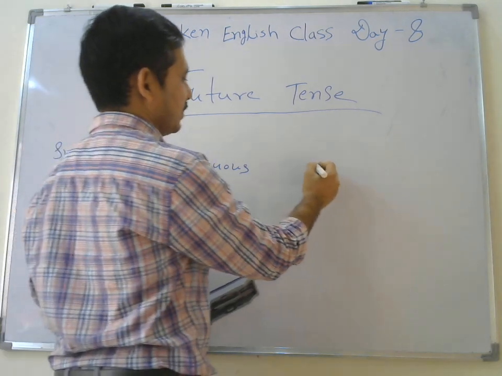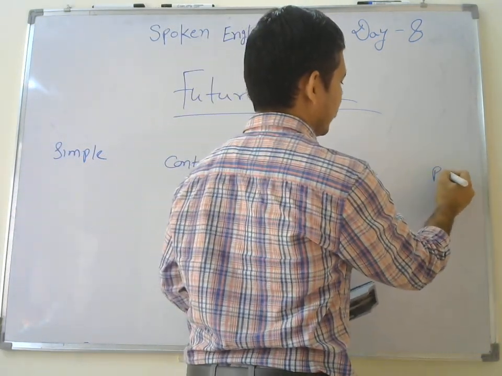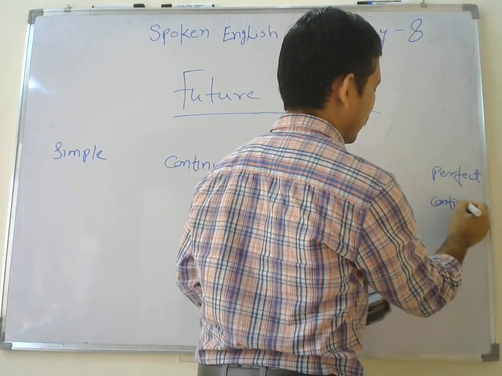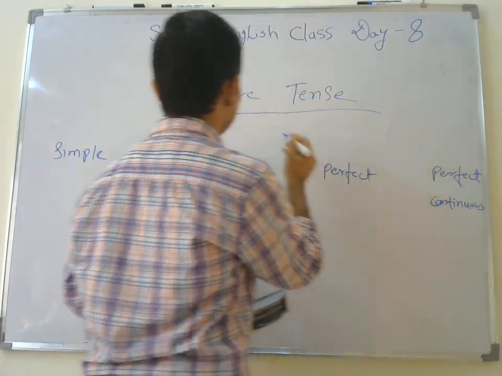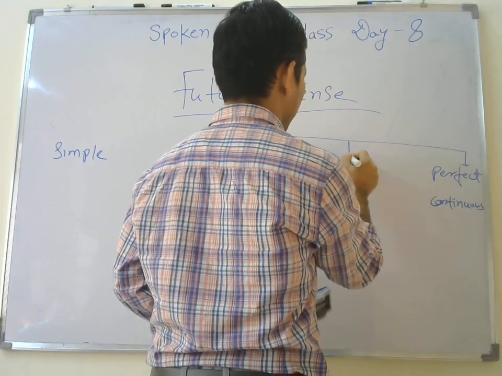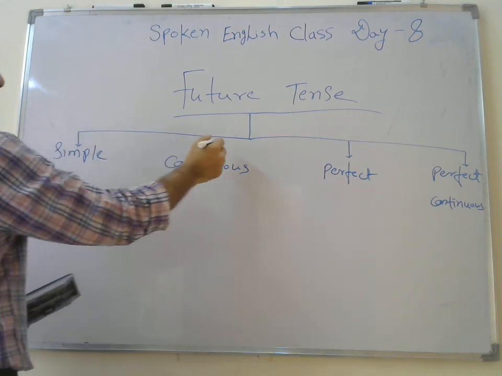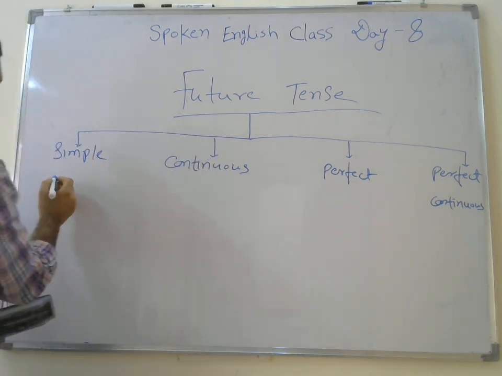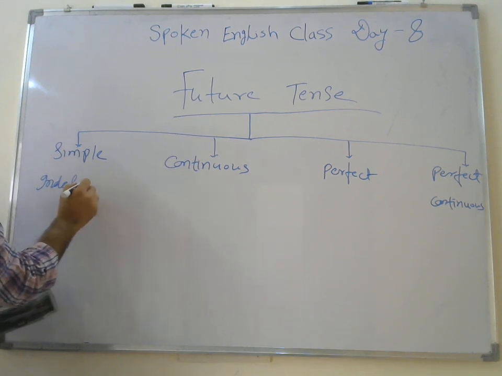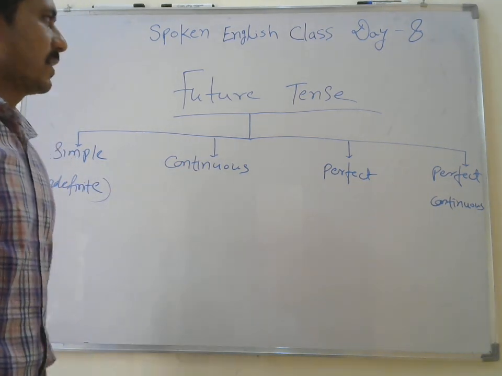Then future perfect tense and future perfect continuous tense. So these types remain the same for all the tenses. Simple, or we call this indefinite also. Simple, continuous, perfect, perfect continuous, right?